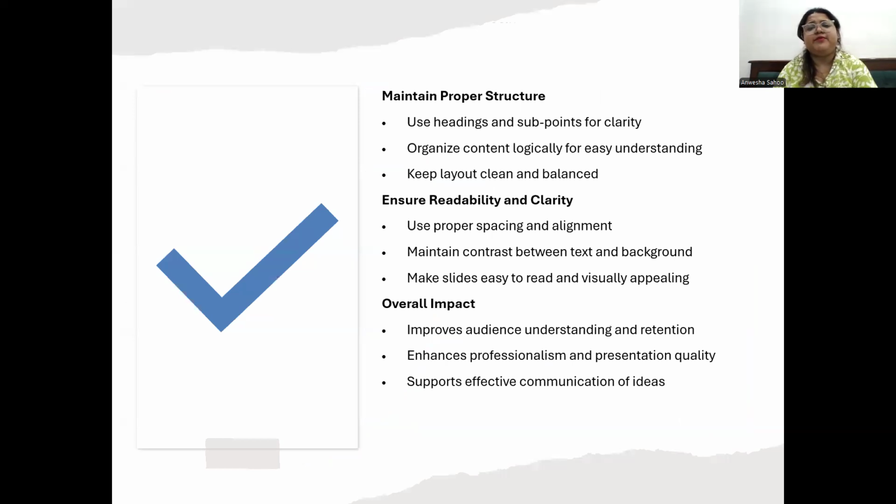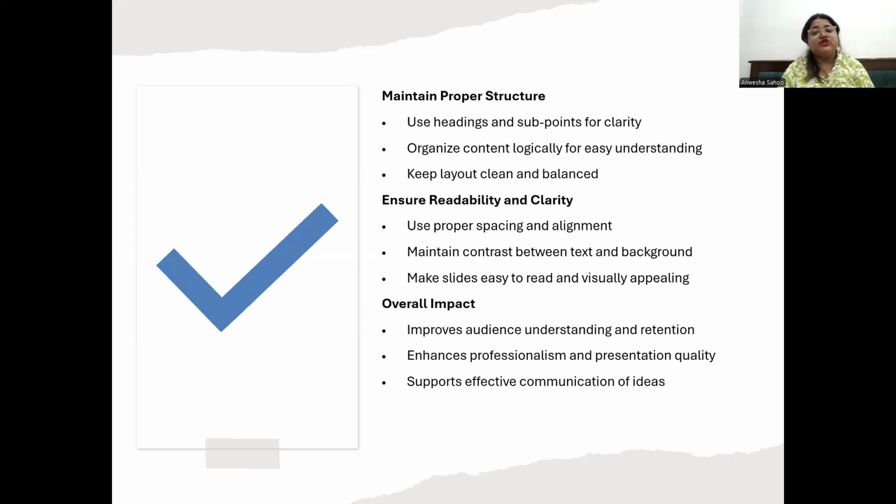Also, the main proper structure. Proper structure is to use headings and subpoints for clarity. You should always have a proper heading and then some subpoints. Organize content logically for easy understanding. Keep layout clean and balanced. Ensure readability and clarity. Use proper spacing and alignment. Maintain contrast between text and background.